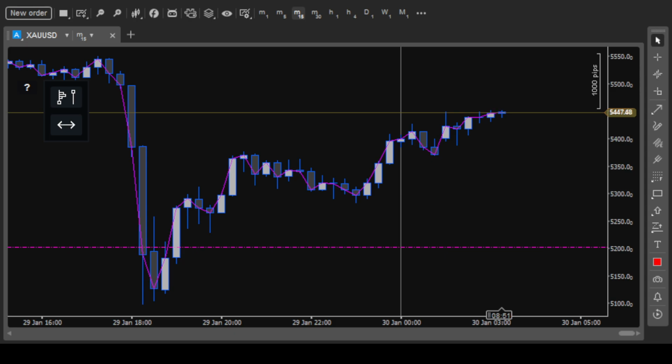So, looking for liquidity. It really is not finding it at the minute. We're in this pocket.